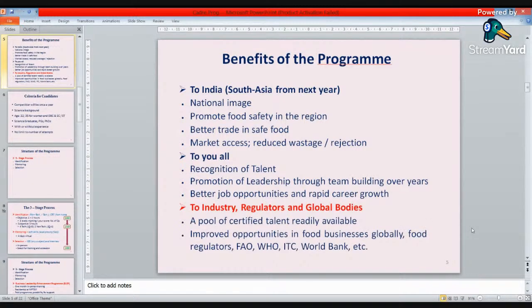And the benefit to the industry, to the regulators, to the global bodies: FAO, WHO, ITC, not India, ITC Geneva, International Trade Center Geneva, World Bank. When I did the quiz competition, I went to Bangladesh, where 12 colleges and universities were present. We did two in Kolkata as well.